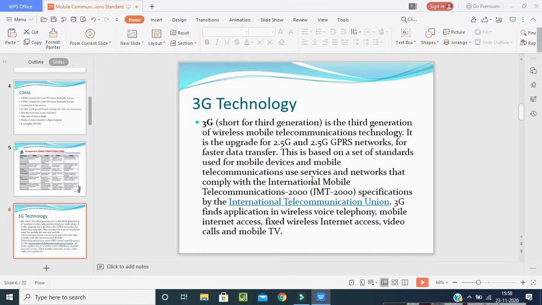It is based on a set of standards used for mobile devices and mobile telecommunications services and networks that comply with the International Mobile Telecommunications specifications by the International Telecommunication Union, which came in 2000. The 3G finds application in wireless voice telephony, mobile internet access, fixed wireless internet access, video calls, and mobile TV. All these things are working for 3G.